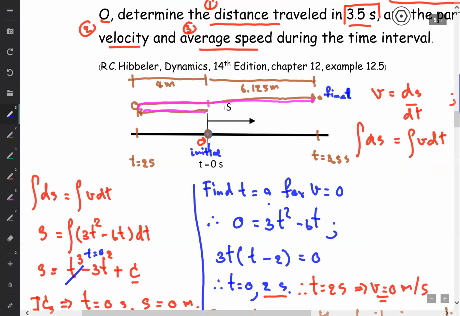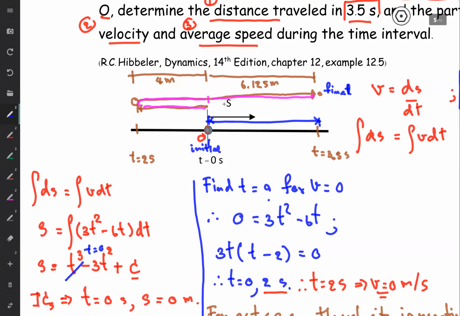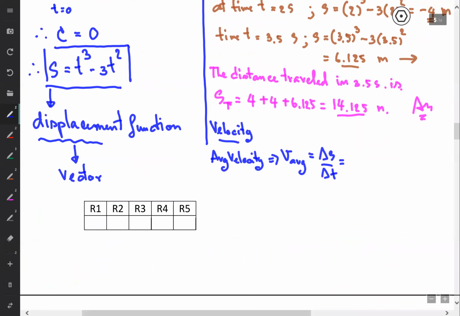The displacement is measured between the final position and the initial position. This means that it is equal to 6.125 meters. And the time interval is 3.5 minus 0, right? So the average velocity becomes 1.75 meters per second. This is the second solution.